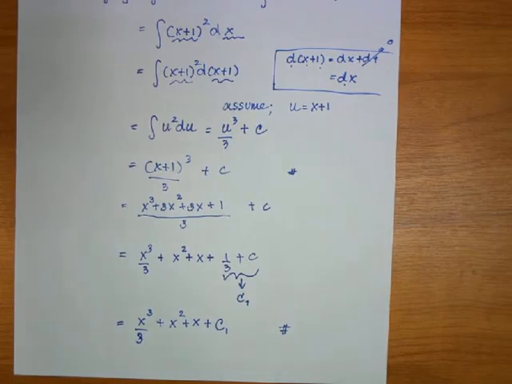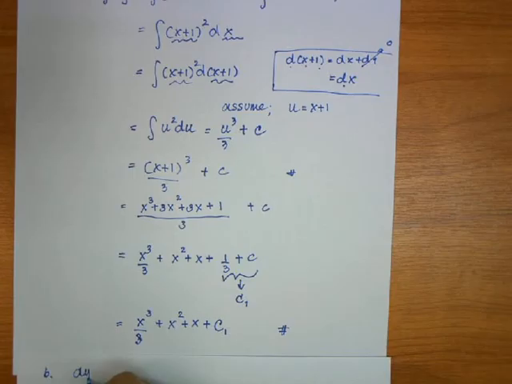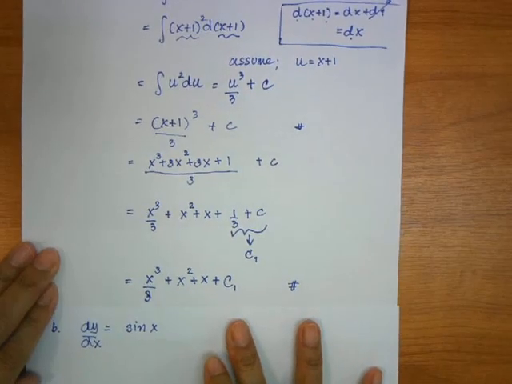Let's see other functions. What is this? Is 5, right? Next is 6, right? But if we have dy by dx is equal to sine x, just go to the trigonometric functions.